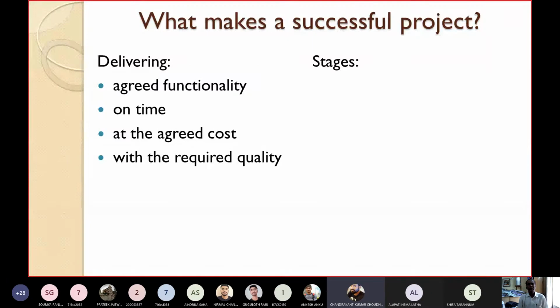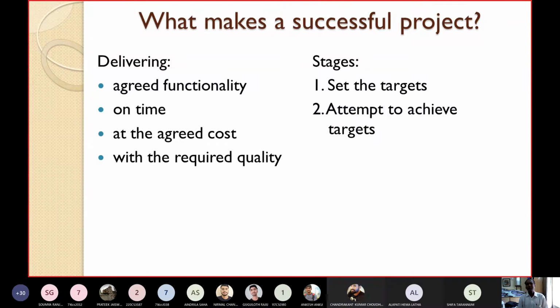Then what stages must you follow to make your project successful? Two important stages. Number one, you first have to set the targets. In order to produce the final product, you have to set all the targets.